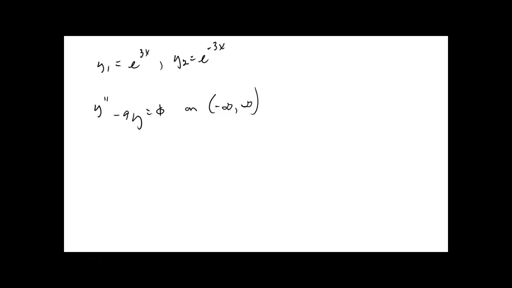Now the first derivative of y2 is negative 3e to the negative 3x. The second derivative would be positive 9e to the minus 3x. Plug that in here, same thing. So yes, those are two solutions. Now, are they linearly independent of each other?